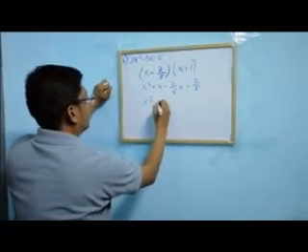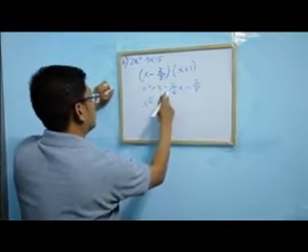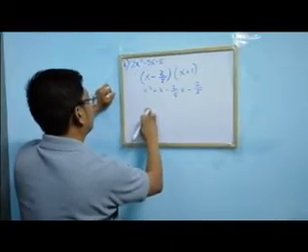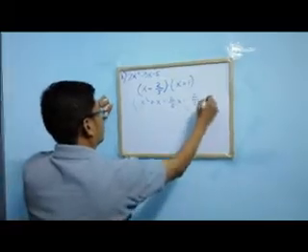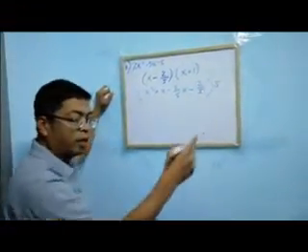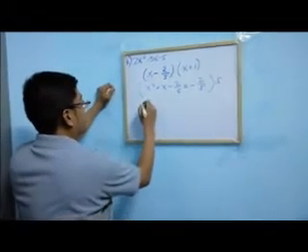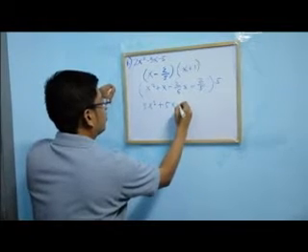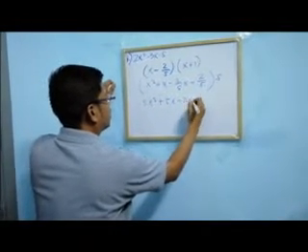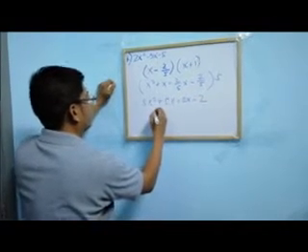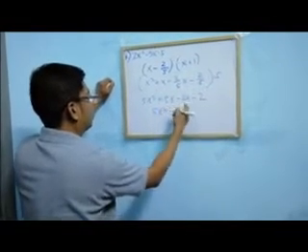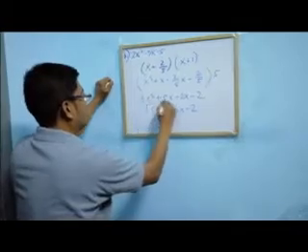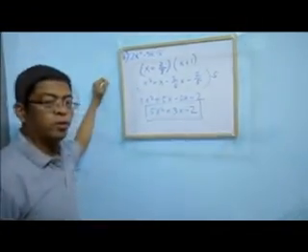We need to multiply all the terms by 5 to remove the denominator. So it will be 5x squared plus 5x minus 2x minus 2. So 5x squared, 5x minus 2x is positive 3x, minus 2. So this will be the equation.